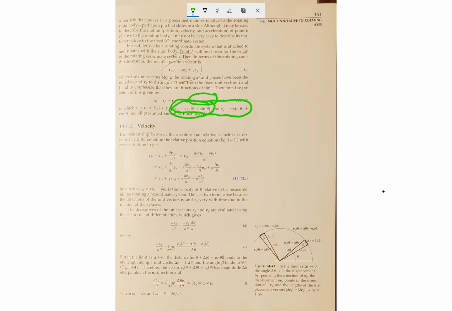And then the I hat and j hat conversion for the rotating y-axis is the negative sine theta I hat plus the cosine theta j hat. This will make more sense once you see it in action. Right now, the math works out, press the I believe button, and when you see it in action, hopefully it will click a little bit more. But I just want you to be aware of these conversions.